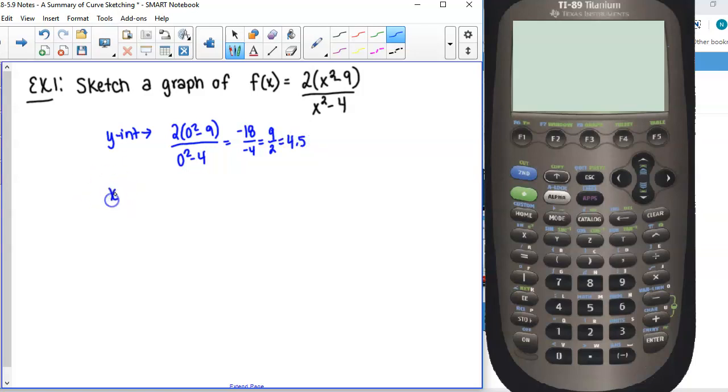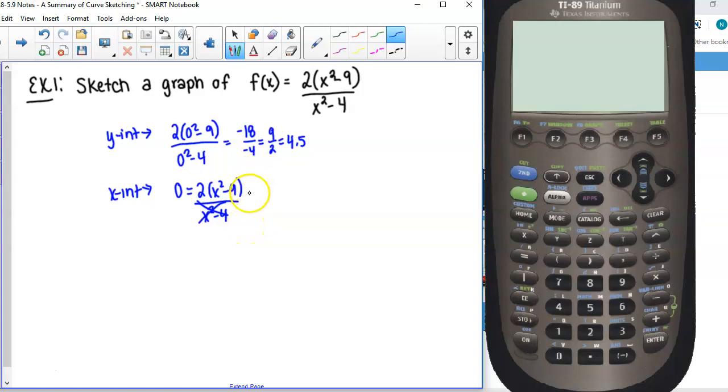For the x-intercept, you're going to plug in 0 for y, so you'd have 0 equals 2 times x squared minus 9 over x squared minus 4. And the denominator really doesn't matter here, because the only way this can equal 0 is if the numerator equals 0. You can sort of think of multiplying both sides by x squared minus 4.